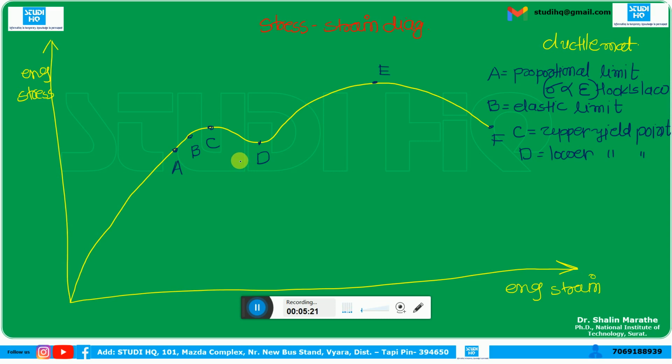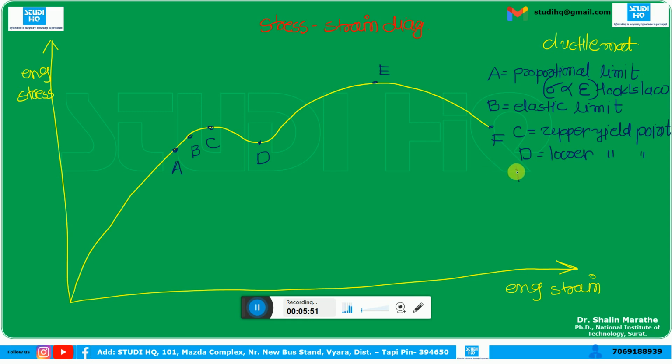Okay, and if we design a material which is brittle in nature, we consider UTS as the maximum allowable stress. So upper yield point and lower yield point are the two yield points, out of which C is unstable in nature, while D is stable, and that's why we consider point D, the lower yield point, while designing any mechanical component made of ductile material.